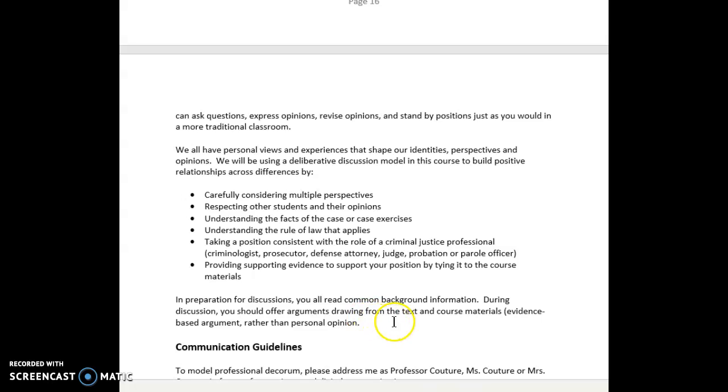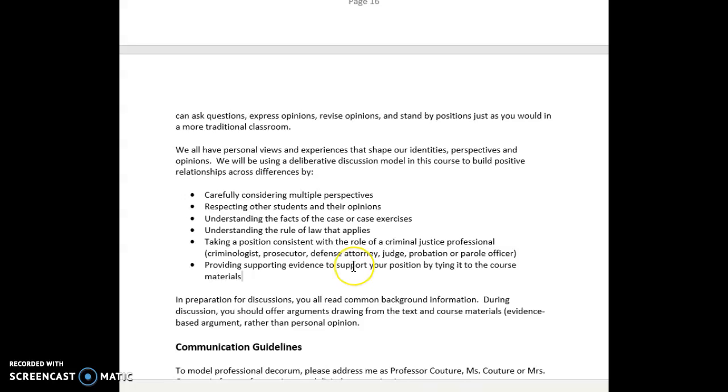We are looking at course concepts and providing supporting evidence, which is good practice because that's what criminologists need to do, prosecutors, defense attorneys, judges, probation officers, parole officers, police officers, corrections officers. They can't simply say, well, that's just the way I feel. That's how I feel about it.